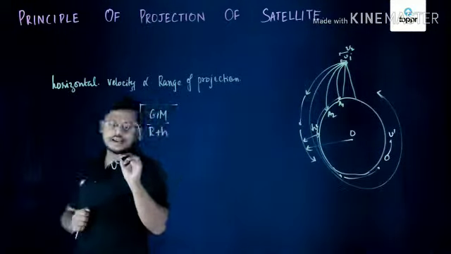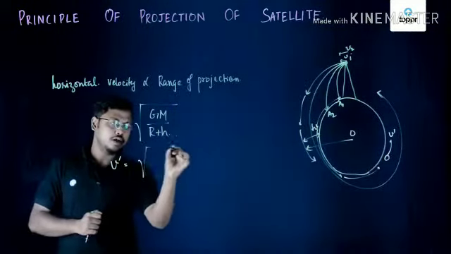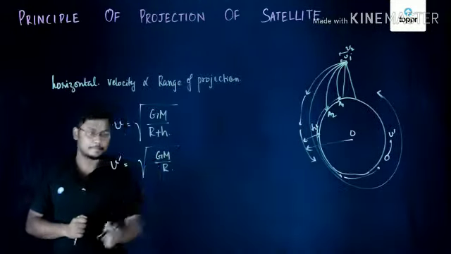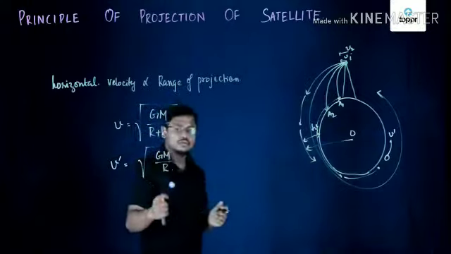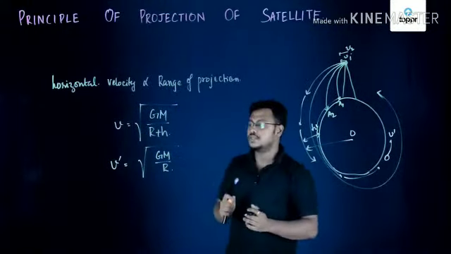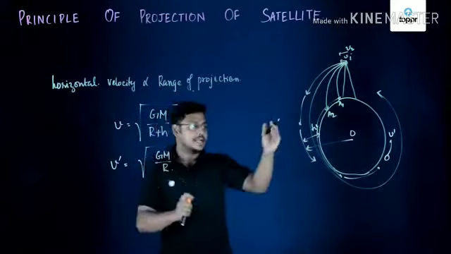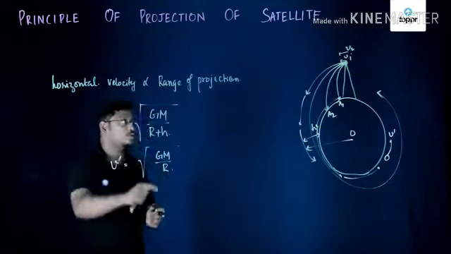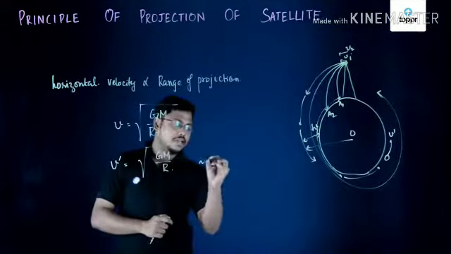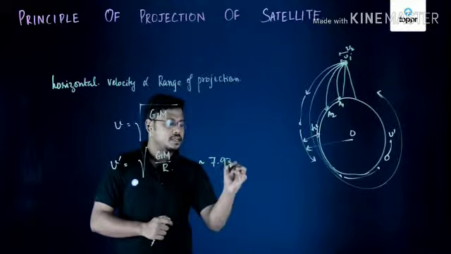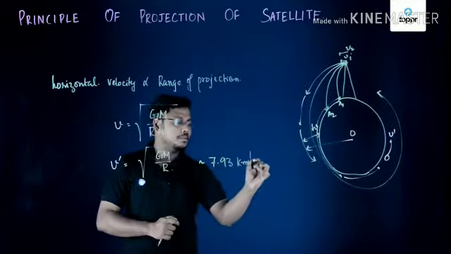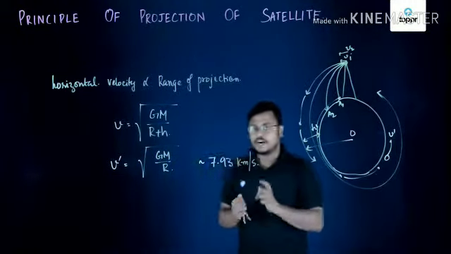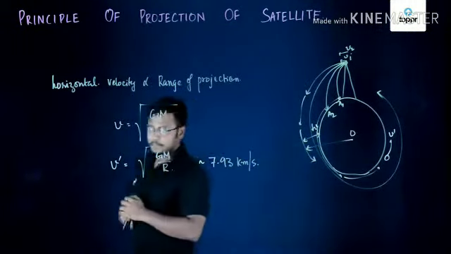So in that case we can write v dash equals root over GM divided by R. This is the orbital velocity of a satellite revolving very close to the Earth's surface, and if you put in the values you will get a velocity of about 7.93 km per second. This particular velocity is called the first cosmic velocity.